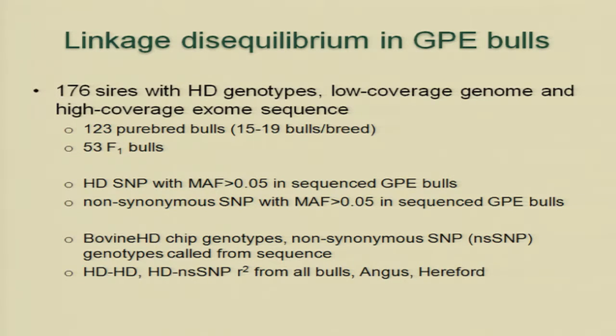I limited it to both the high density and sequence variants that had minor allele frequencies in this set of bulls, and for the most part I considered non-synonymous SNP to be representative of the set of coding sequence variants that we detected in sequence.